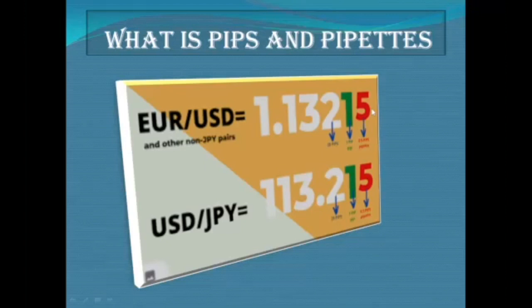This also is very important. There are brokers that quote currency pairs beyond the normal standard 4 and 2 decimal places, to 5 and 3 decimal places.